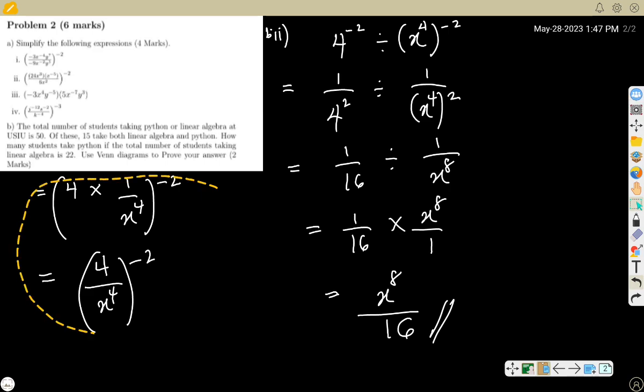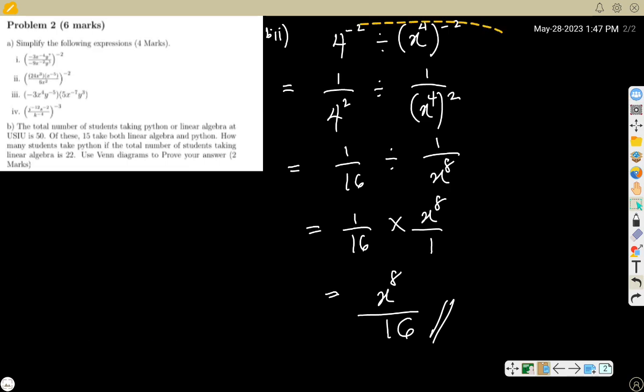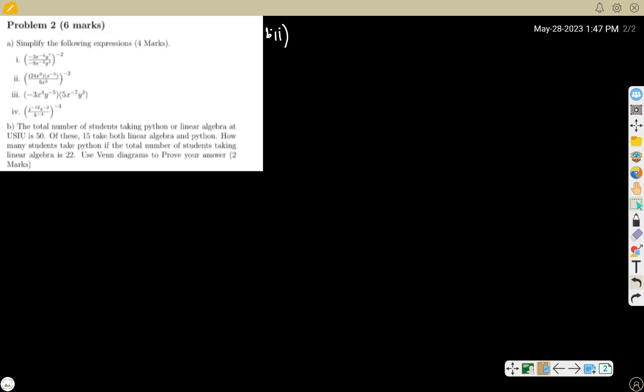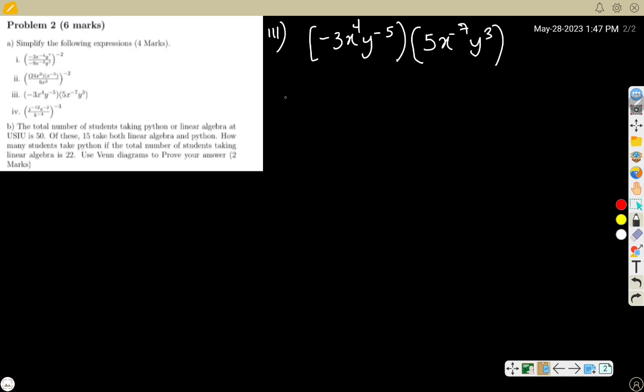So now the next question. We have minus 3s raised to power 4 y raised to power minus 5, times 5s raised to power minus 7 y raised to power 3.